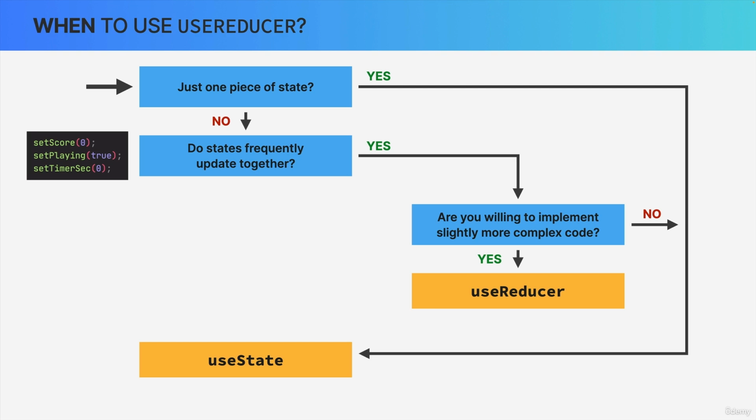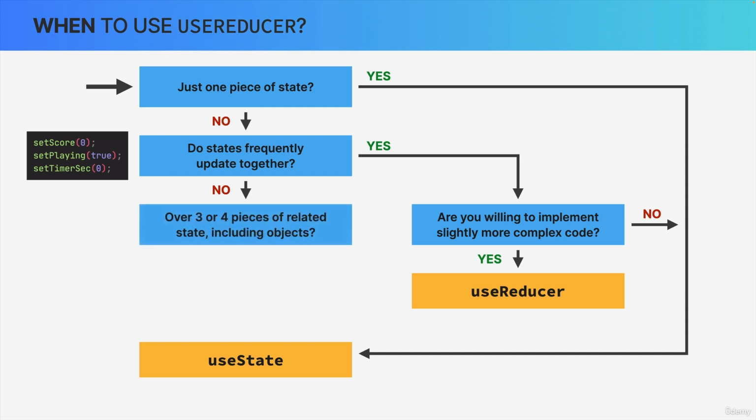If our state does not update frequently together, then the next step is to figure out whether we need more than 3 or 4 pieces of related state, and whether that state even includes some objects. So this is what we can call complex state. So in this case, and if we're willing to actually write a reducer, then useReducer is again the way to go.